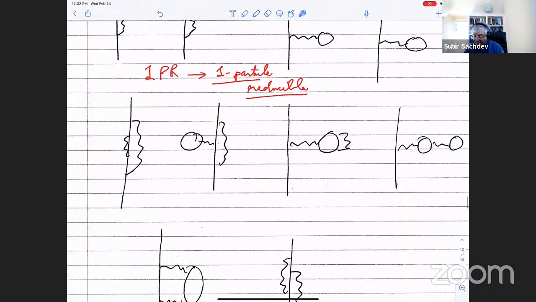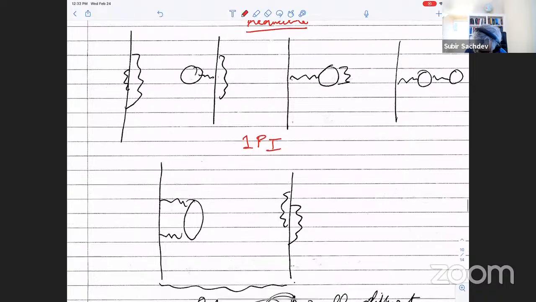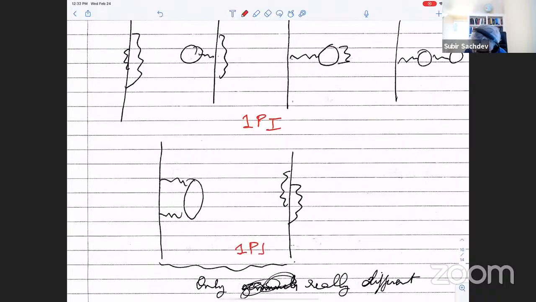But for the remaining 6 diagrams, they're not one particle reducible, because you can try cutting any line and it doesn't fall apart into two. It doesn't become disconnected. So these are one particle irreducible. This is also 1PI and 1PI.